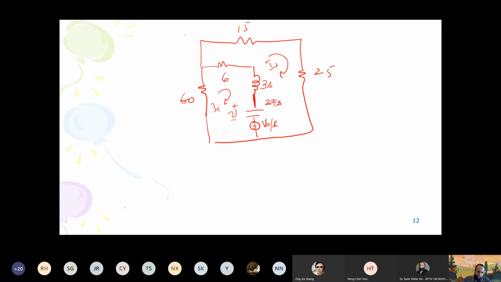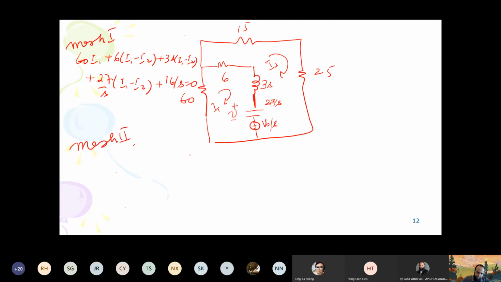So if we apply mesh analysis for I1 will be 60 I1 plus 6 I1 minus I2 plus 3s I1 minus I2 plus 27 upon s I1 minus I2 plus V0 was 16, so 16 upon s equal to 0. This is for mesh 1.